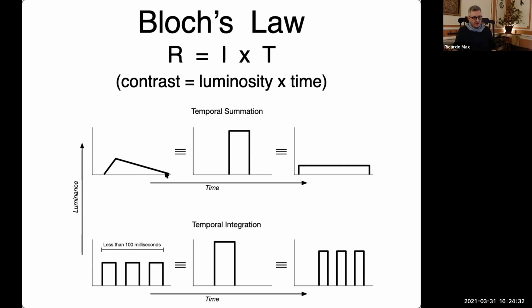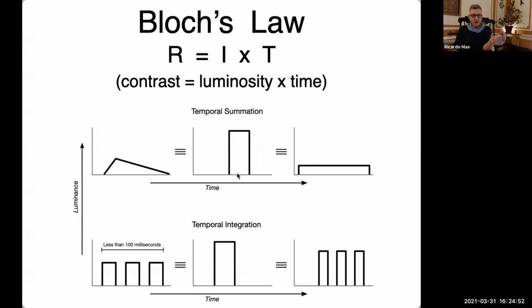So if the same amount of energy of light is here, it's represented by the area under these functions. So perception-wise, this is identical to this, which is identical to this.